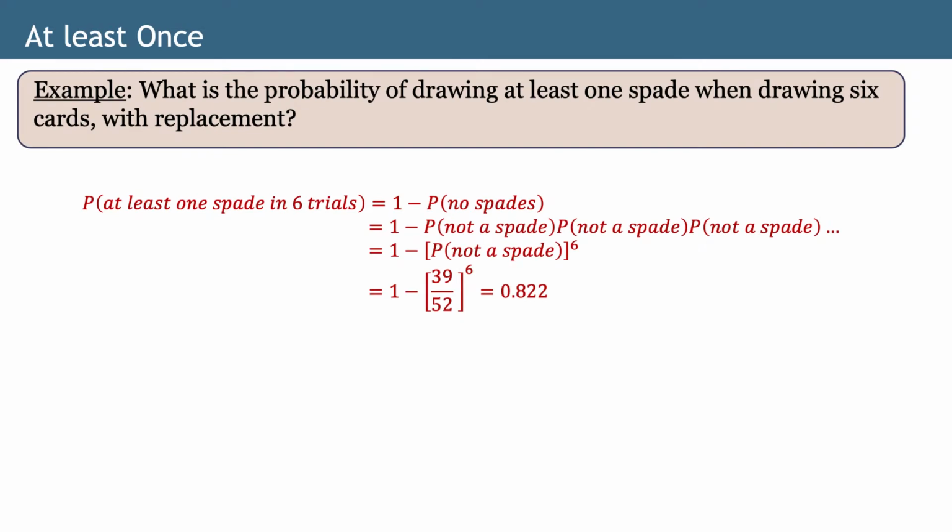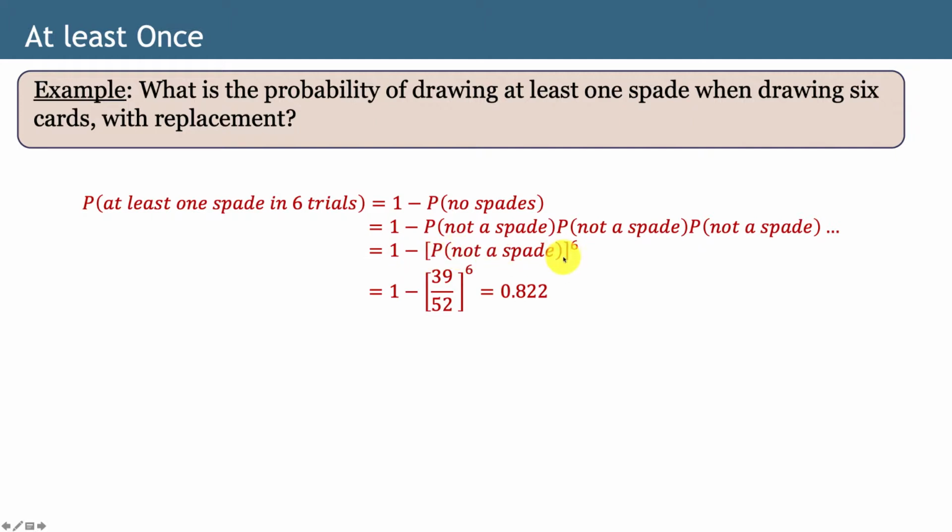So let's look at this problem here. What is the probability of drawing at least one spade when drawing 6 cards with replacement? Now I have to say with replacement because then that makes this an independent scenario, which you must have. So the opposite of at least one spade is no spades. So that's like saying I get not a spade, not a spade, not a spade, not a spade. How many times? 6 times.